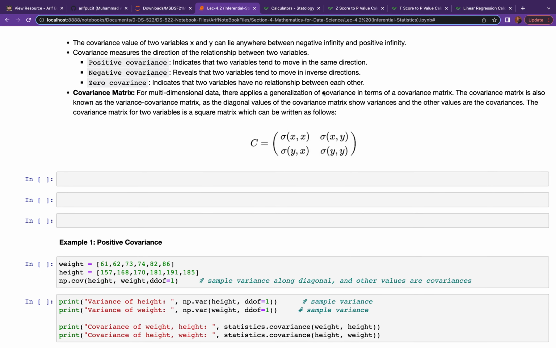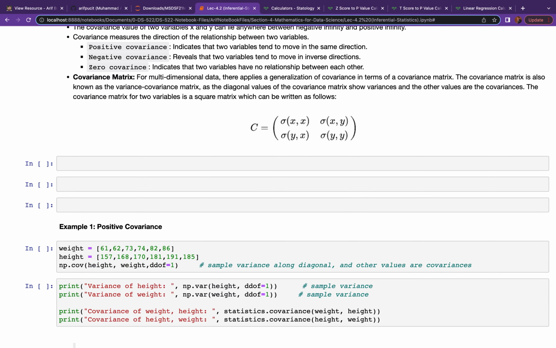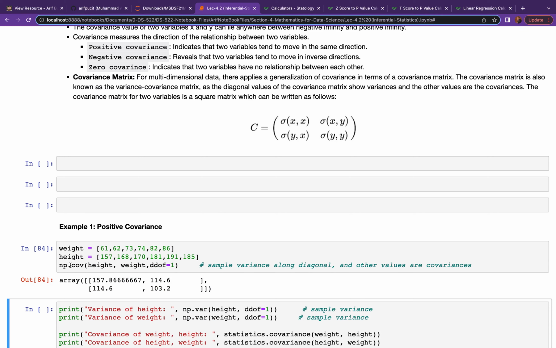Let me move down to an example. So over here we have some sample weights and some respective sample heights. Let me call the cov method of NumPy and pass it the two variables to compute the covariance matrix. So this is the covariance matrix.